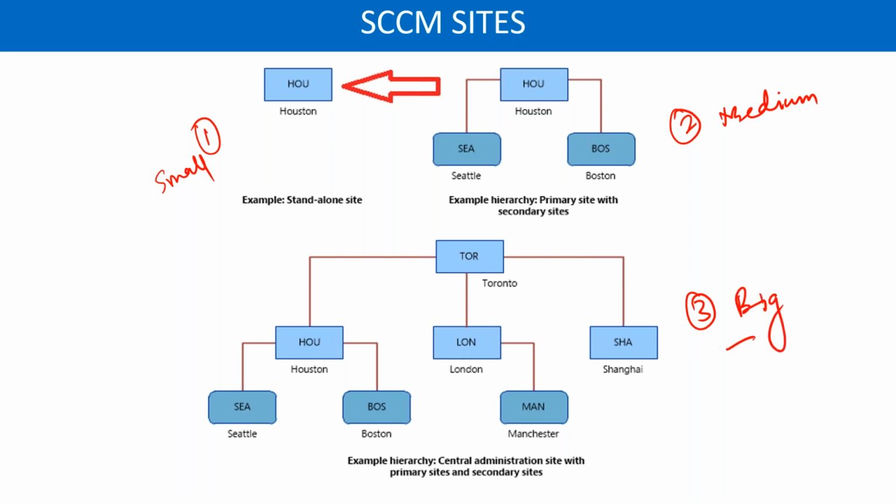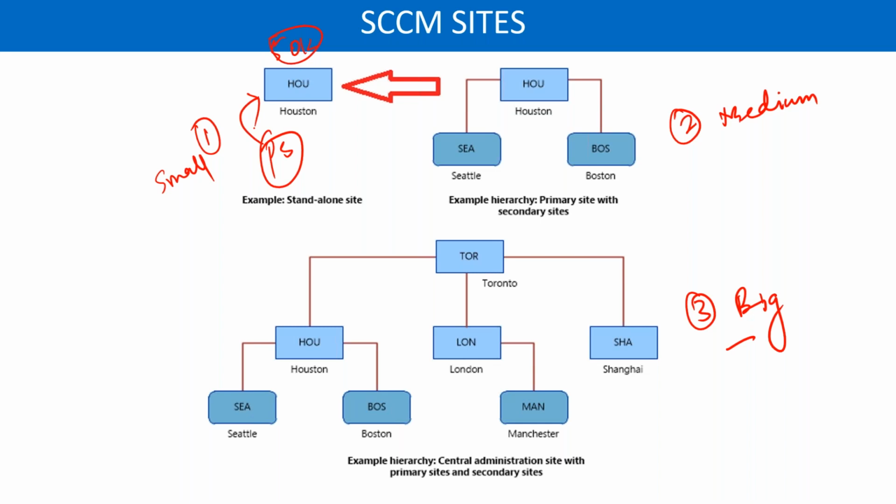Got it, guys? When you don't have any branch offices, you go with only one primary site, without any secondary, without any central. Let's say Houston has 50,000 devices, for example. So one primary site will manage all the devices in Houston.